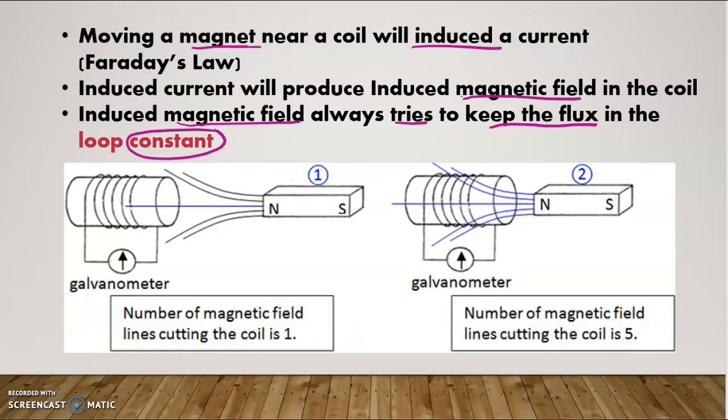When the magnet bar is far here, the number of magnetic field lines cutting the coil is only 1. But when we move the permanent magnet bar into the coil, the number of magnetic field lines cutting the coil is 5. So that shows an increase in magnetic flux.